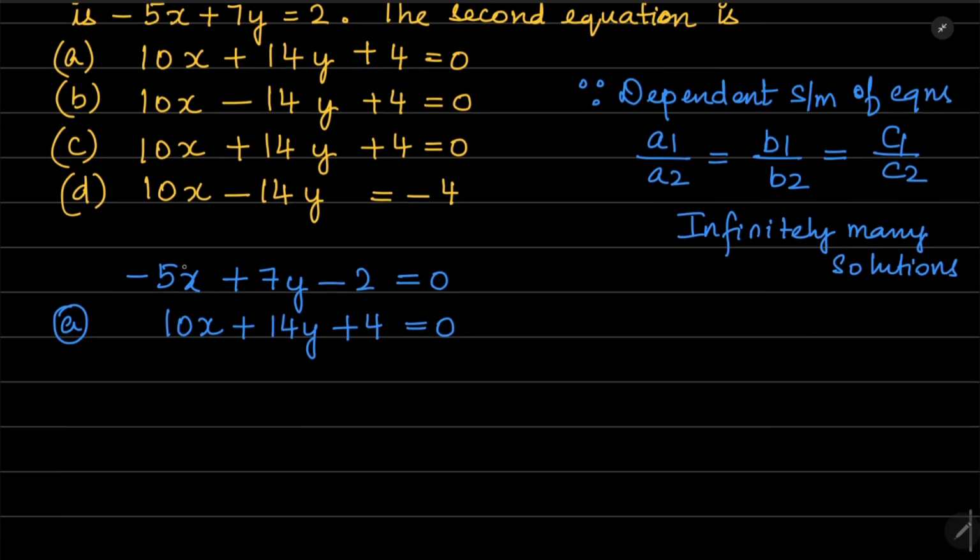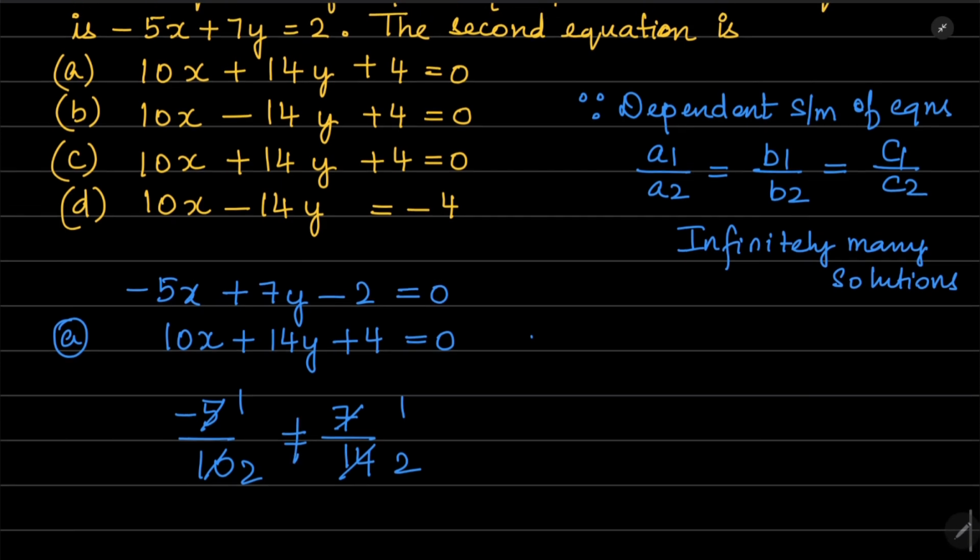Now what is a1 by a2? Minus 5 by 10. What is b1 by b2? 7 by 14. You can just cancel it out. So is minus 1 by 2 equal to 1 by 2? Not equal. Okay, so that's the way to do it.